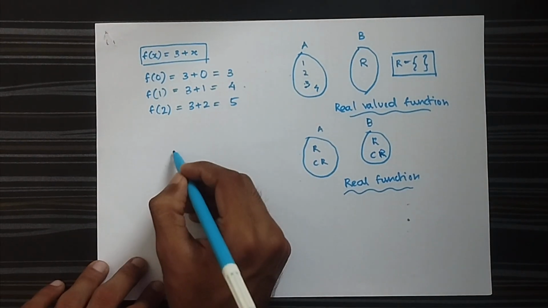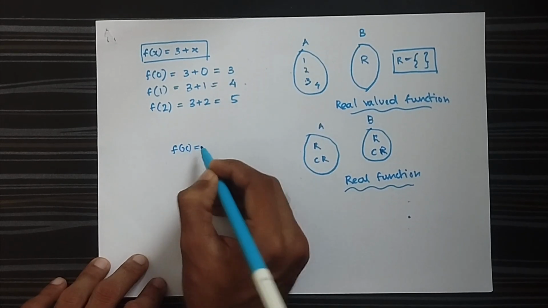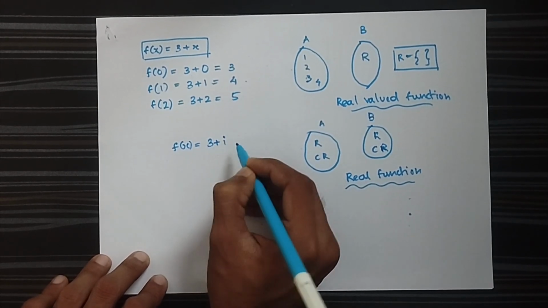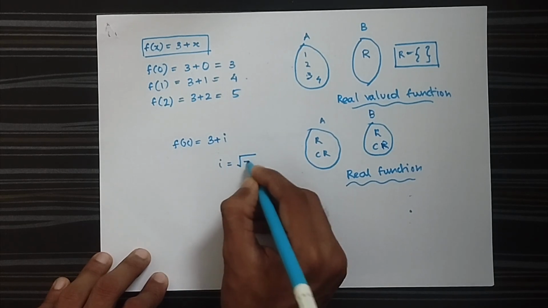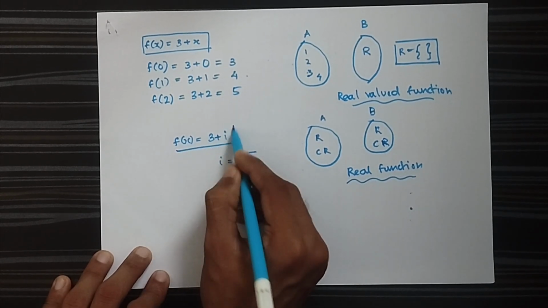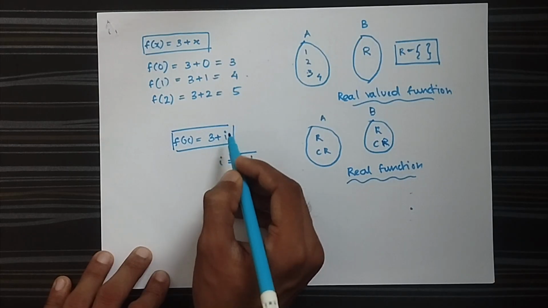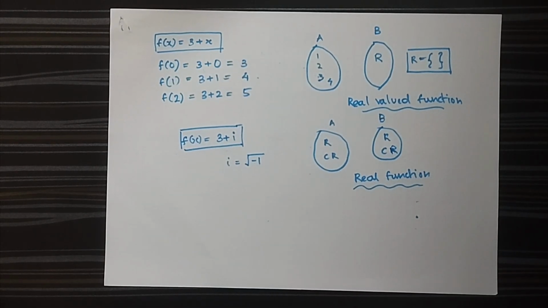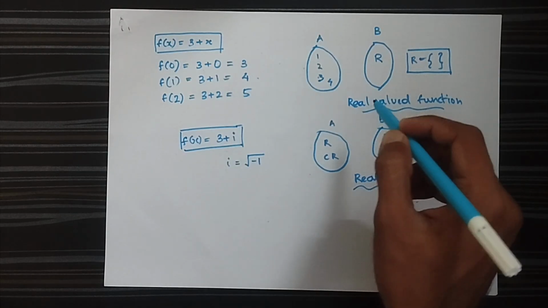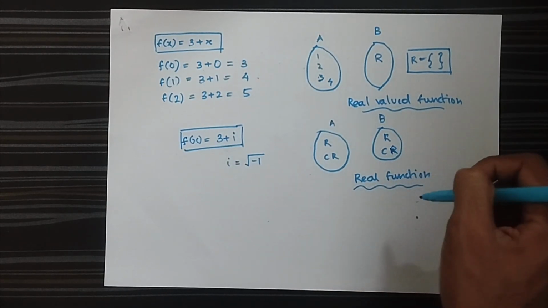So if f of x is equal to 3 plus i, where i is the complex number which represents root of minus 1, this would not be a real function. That would be an imaginary function. So in this chapter we only deal with real valued functions or real functions.